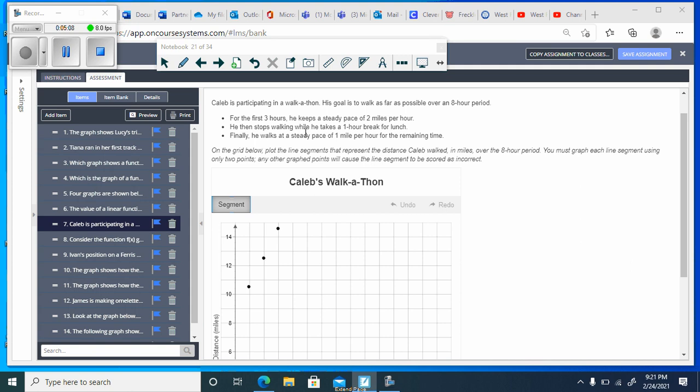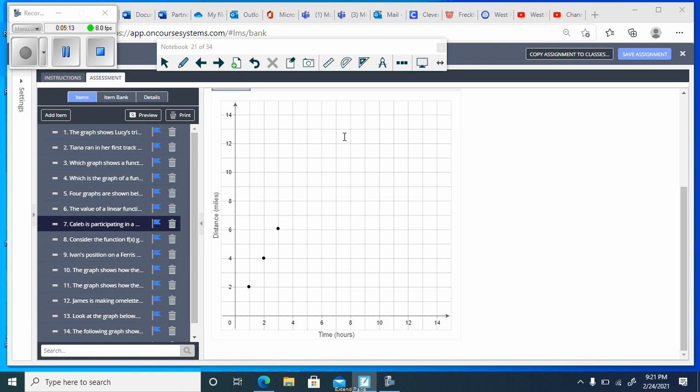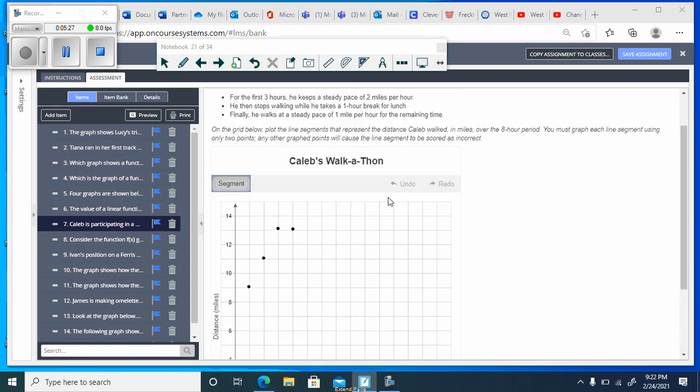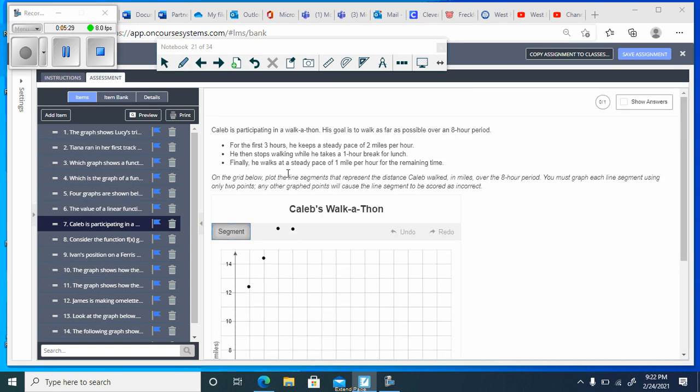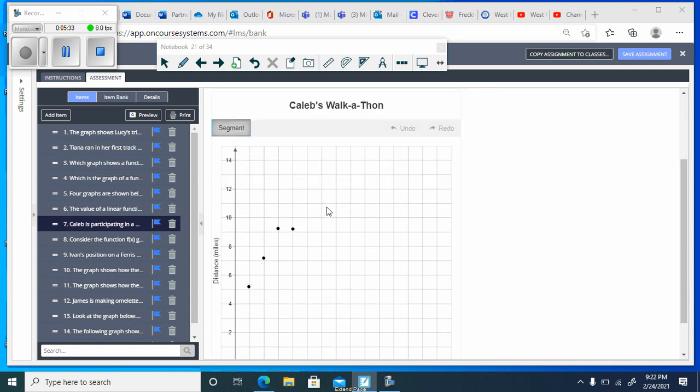He then stops walking while he takes a 1-hour lunch break. Okay, so let's go back down. So for the next hour, he takes a lunch break and he doesn't walk, does he? So his distance is not going to increase any, will it? Then finally, he walks at a steady pace of 1 mile per hour for the remaining time.